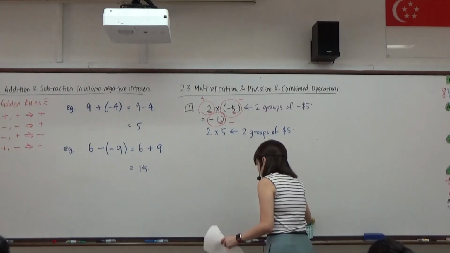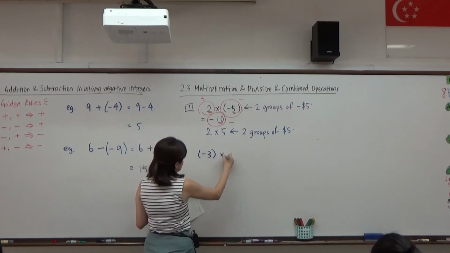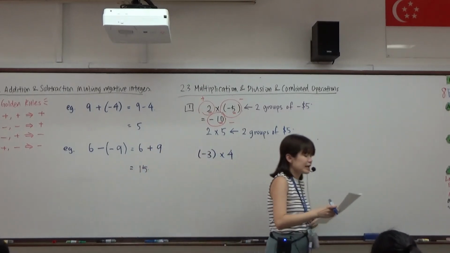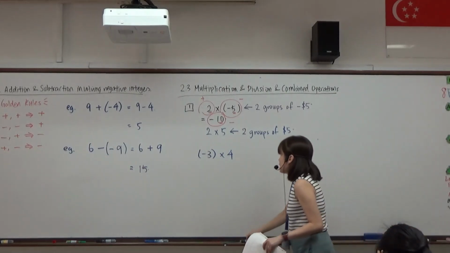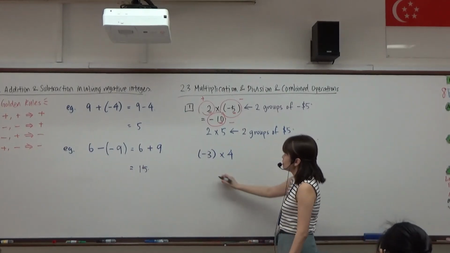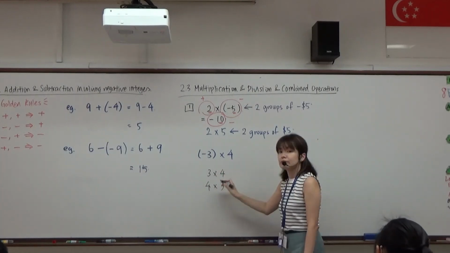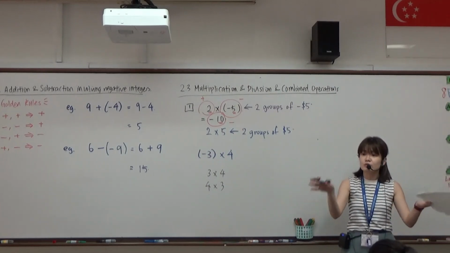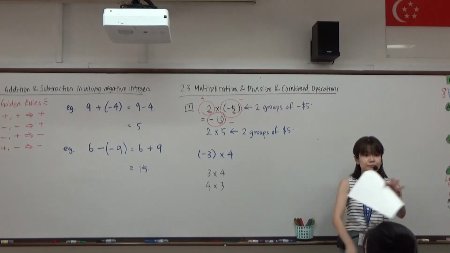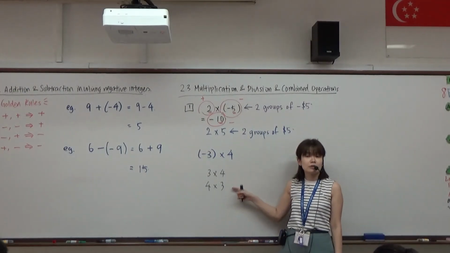Let me give another example. What if I have negative 3 times 4? We know that 3 times 4 is the same as 4 times 3. They're equal, right? So when it comes to multiplication, I can switch it around. That's how our multiplication works. They're exactly the same thing, both equal to 12.